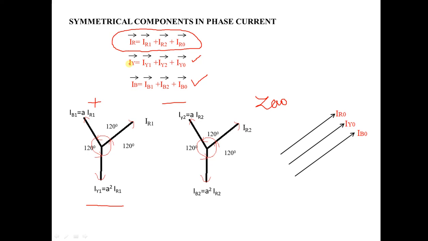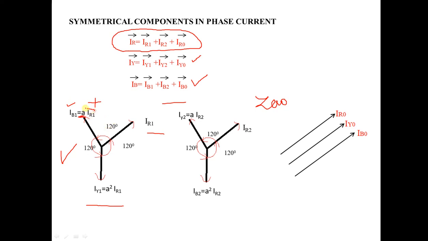First, for the positive sequence, in terms of IR1, by the operator A. For the phase sequence IB1, it will be in B phase, which leads by 120 degrees.